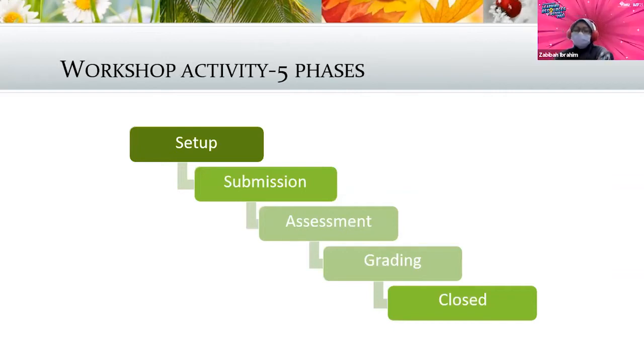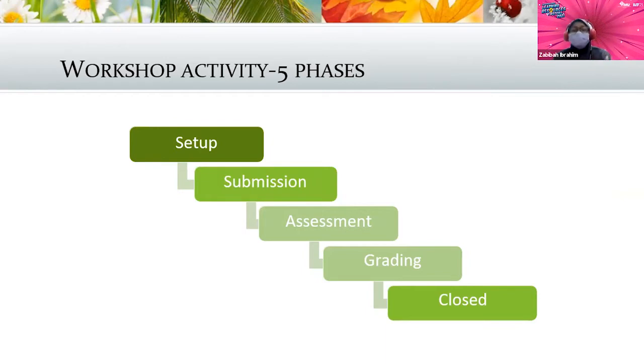Okay, so in this workshop, once you have created the workshop, you are going to have 5 phases. First is the setup phase, where you are supposed to prepare the assessment form, which will be designed based on the grading strategy that you are going to set.